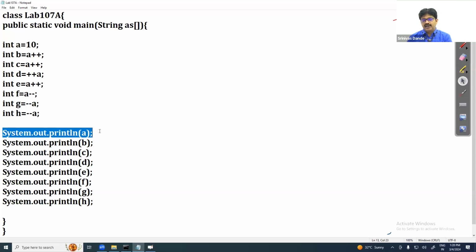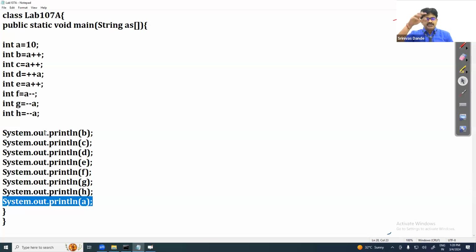I am printing A last because A varies, right? You start from the beginning and tell me. A is printed last because we do so many things on A, and it is finally changing, right?